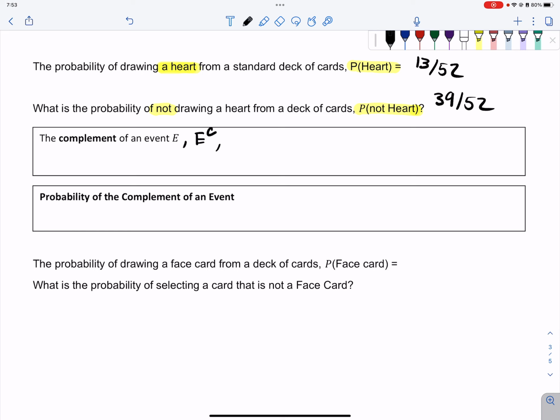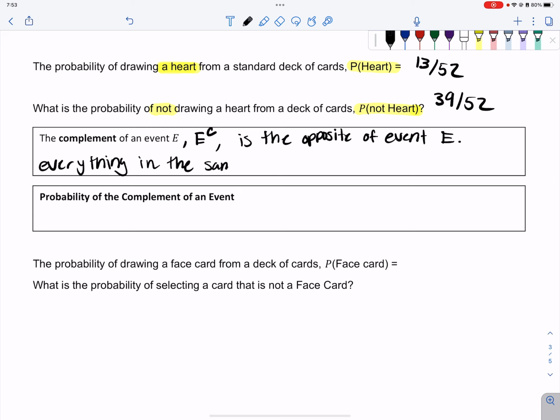And this is the opposite of our event E. We can also think of it as being everything in the sample space that is not in E. So in our example with our hearts, well, we have our entire deck of cards. 13 of those are hearts.